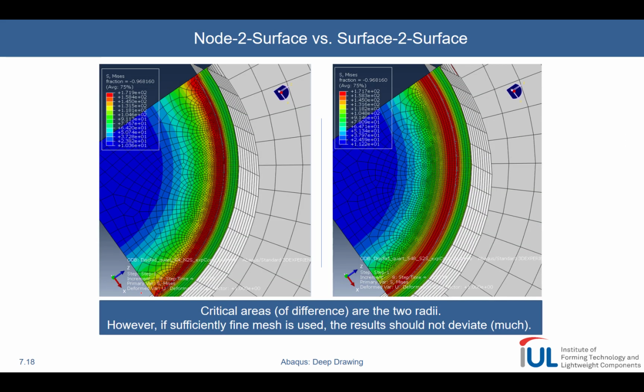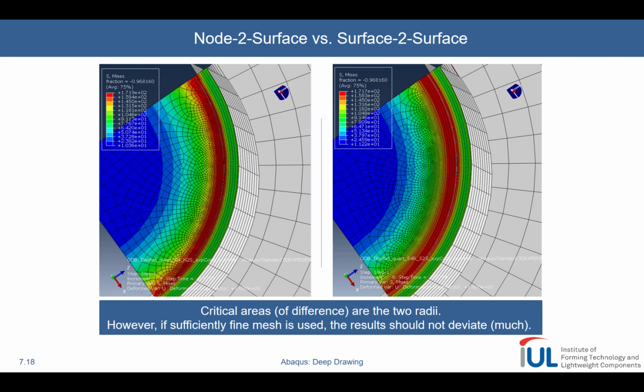All right. We talked about node to surface versus surface to surface before, but I wanted to come back to this again. On the left, you see the node to surface, and on the right, the surface to surface result. We are looking from the bottom onto our sheet showing the mesostress.